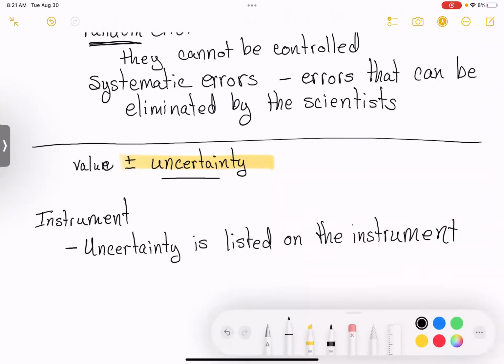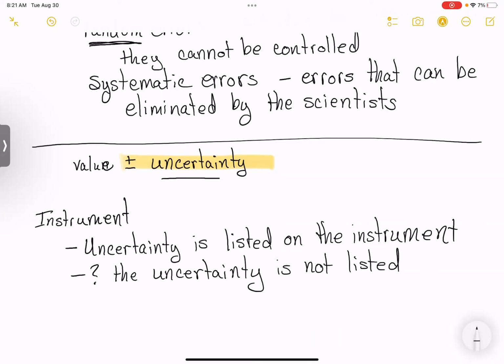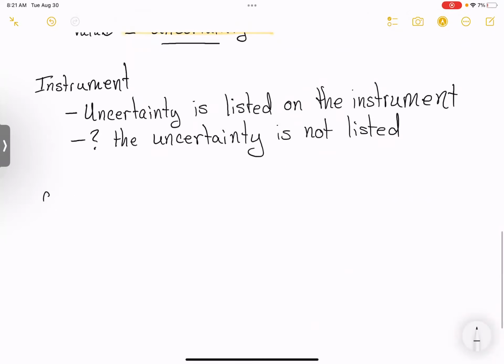But what happens if the uncertainty is not on the instrument? Well, then what you need to do is ask yourself, is this an analog device or a digital device?